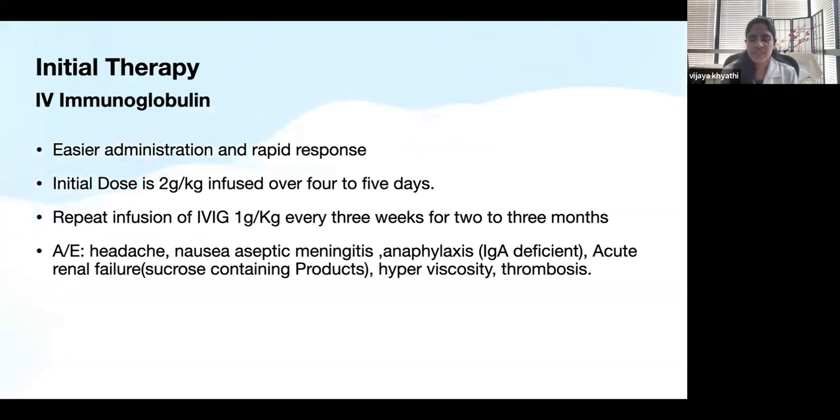IV immunoglobulin is usually given to patients with severe CIDP, as it is easier to administer and has a faster response. The initial dose is 2 grams per kg, infused over 4 to 5 days, and a repeat infusion of 1 gram per kg is given every 3 weeks for 2 to 3 months.